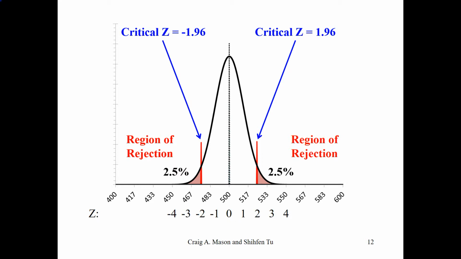So assuming alpha is 0.05, for one-tailed tests, your critical z-score is z equals 1.64. And for two-tailed tests, your critical z-score is z equals 1.96.